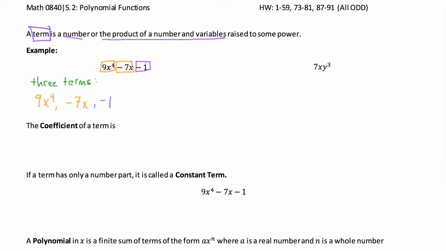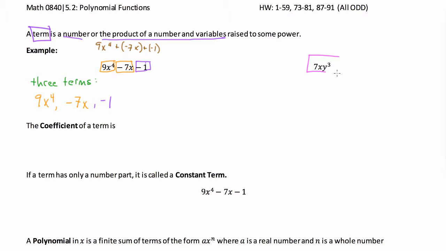You could also think about this like 9x to the fourth plus negative 7x plus negative 1. But if we're talking about the terms, I'm going to use kind of this idea, but just sort of include that subtraction as meaning that term is negative. And so this is a big back and forth between our different concepts of what subtraction and negation are.